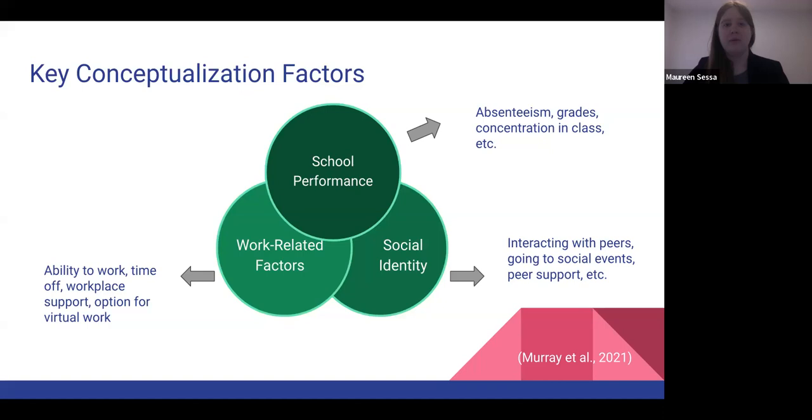But what I saw for the most part in the literature are these very big constructs related to identity: school, work, social factors. So if we start at the top here with school performance, we never know. Anybody could be in school at any time, but we usually associate this with a time period of young adulthood. This could be leaving high school, entering college or an associate college, a trade school, what have you.